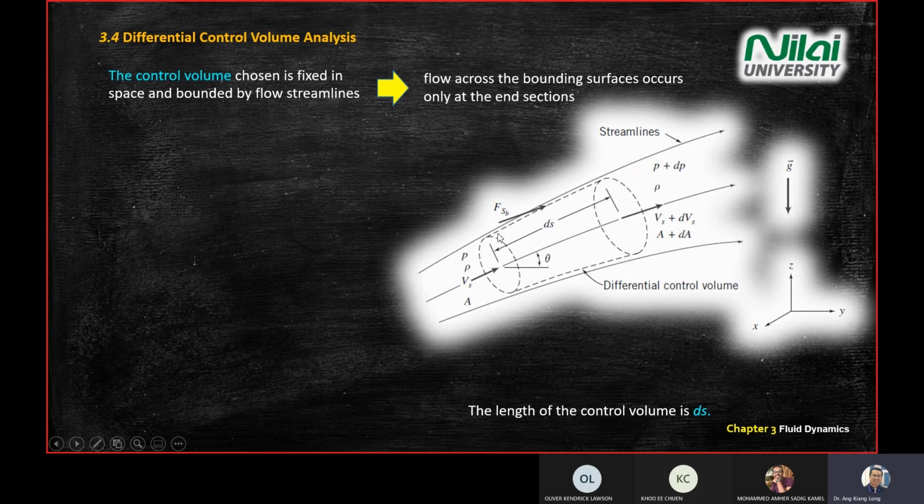So our control volume is following the streamline. If your control volume does not follow the streamline, it means your body force here will be different. So there's a reason in our derivation here: our control volume is parallel to, or bound by, the streamline.